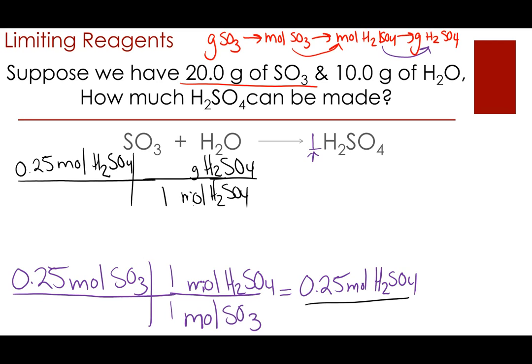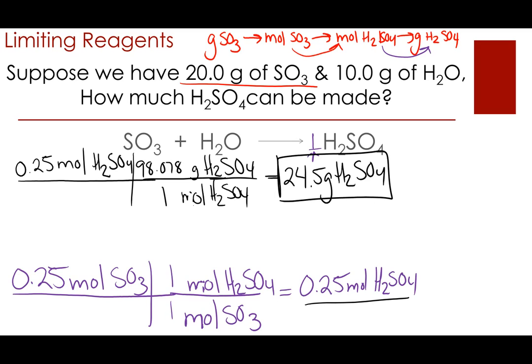I get 98.078. Okay. So multiply across the top, divide by the bottom. So I get 24.5 grams of H2SO4. Okay. That's step 1. So what we calculated is that if we start with 20 grams of SO3, we can get a maximum of 24.5 grams of our product.